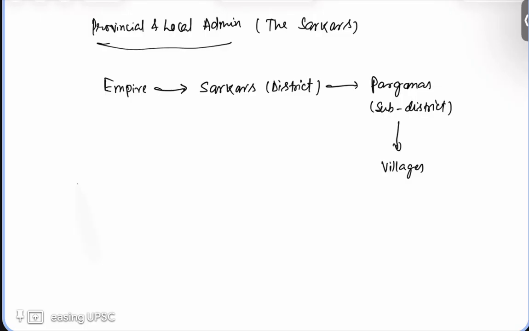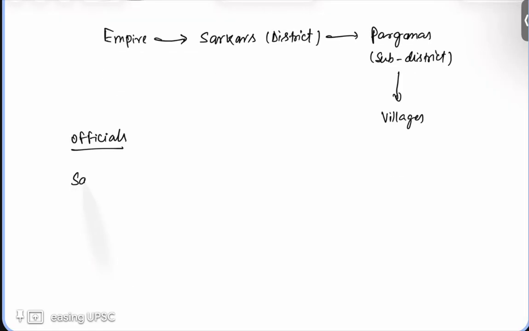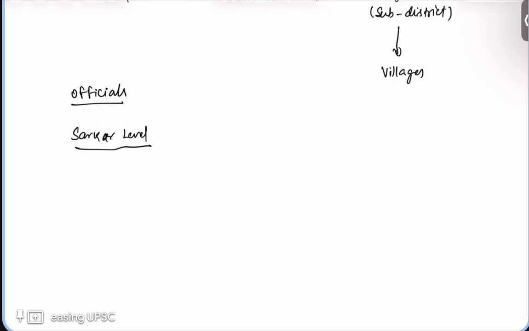Let's talk about officials. At the Sarkar level, Shiqdar-i-Shiqdaran. He was related to what?